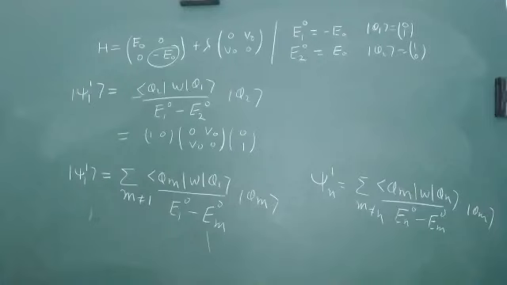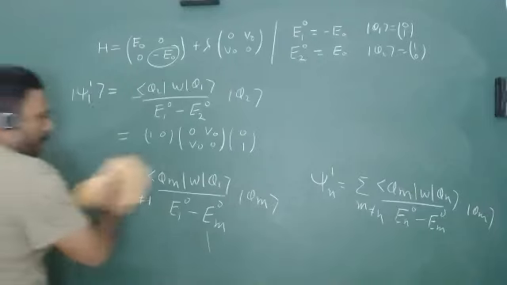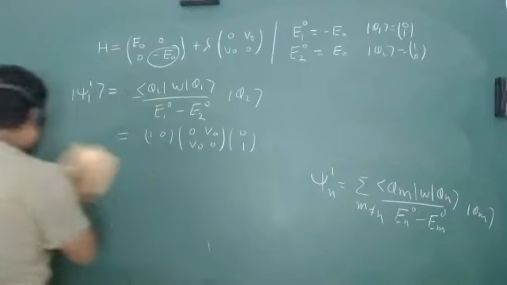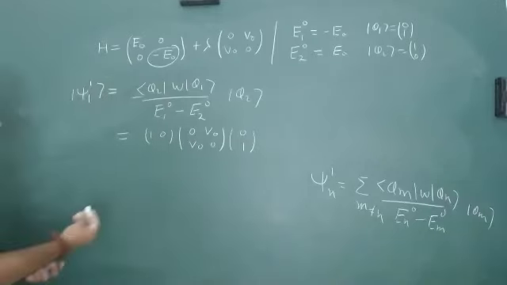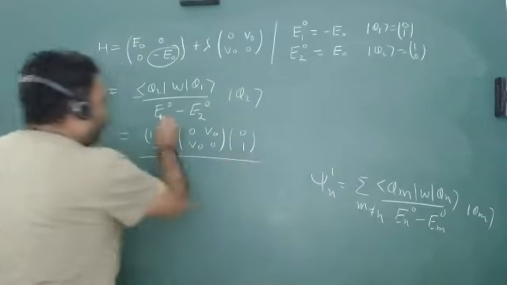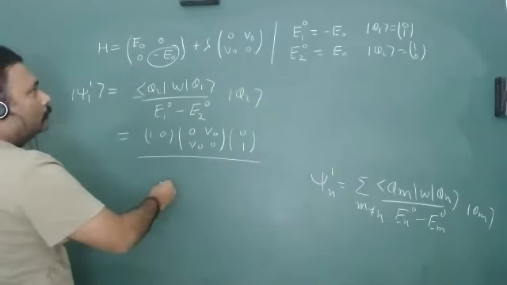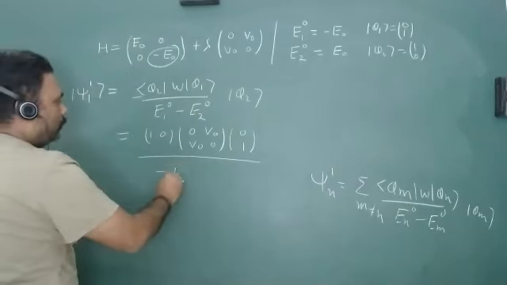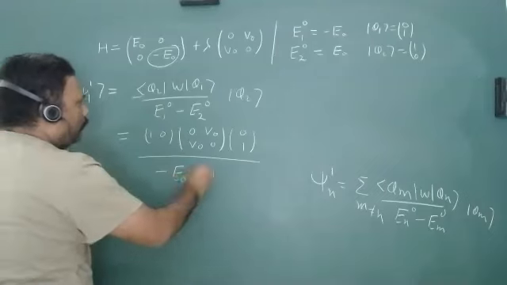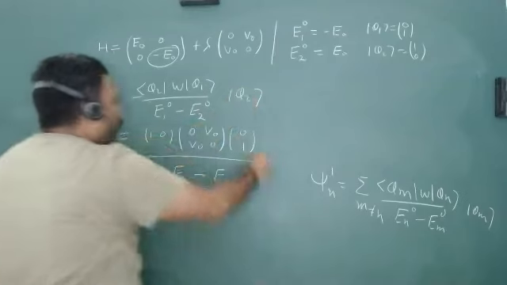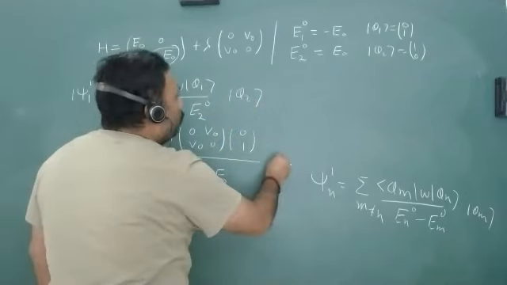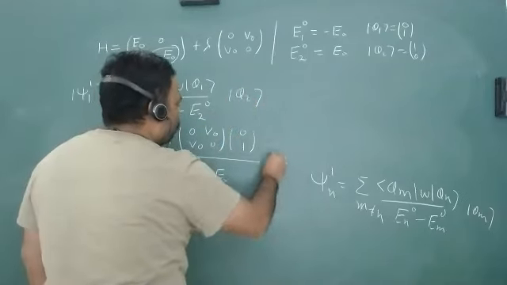So this is the calculation, divided by E10. What is E10? Minus E naught. Minus E naught minus E20, that is E naught. And what is your phi 2? Phi 2 is your (1, 0).